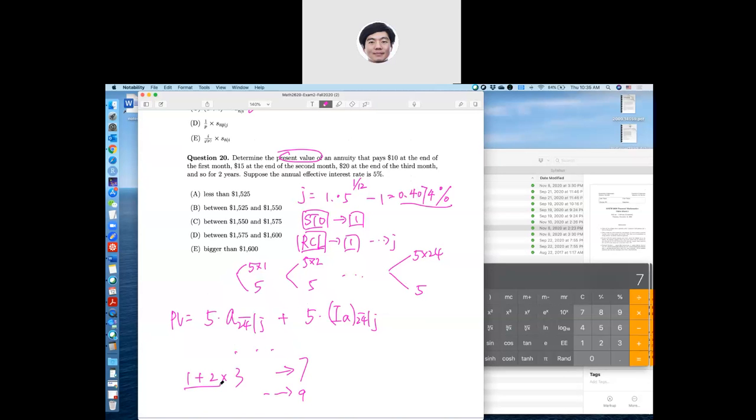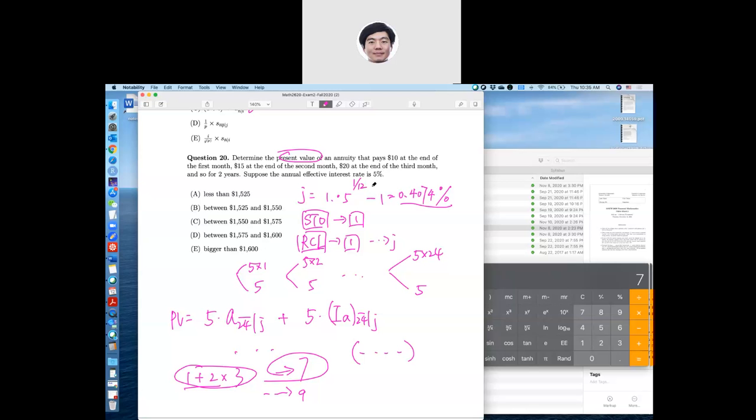So you should always set it to the correct mode. And whenever you have something rather long, put a bracket to separate. For instance, if I want to do 1.05 to a fractional power, I always put a bracket to enclose 1 over 12 so that I can continue to work on anything.